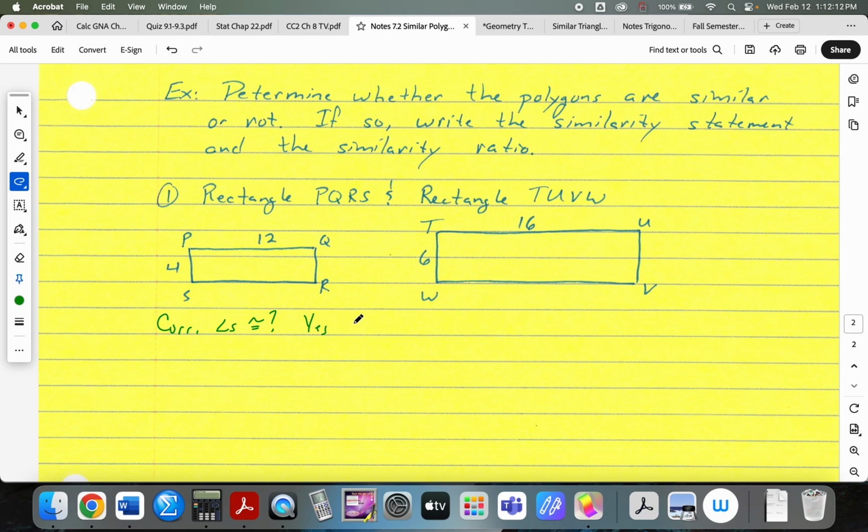So in both figures, all angles are right angles. So it doesn't matter how we match them up, that's going to match. Now we need to check, are the corresponding sides proportional?